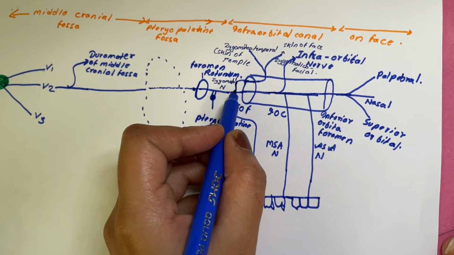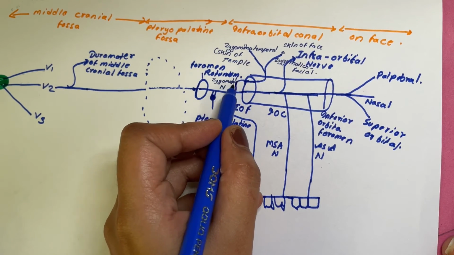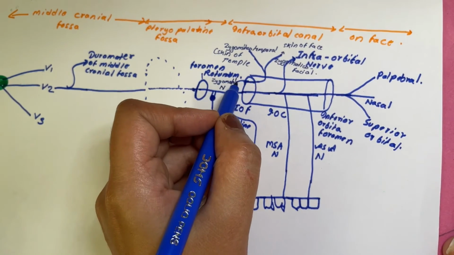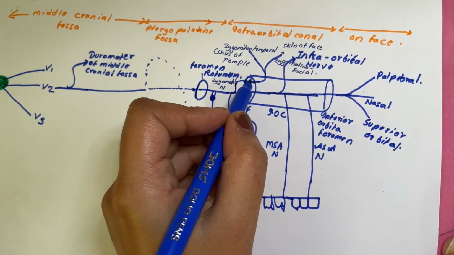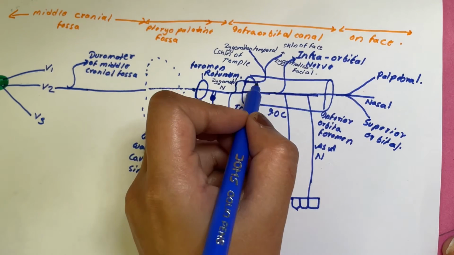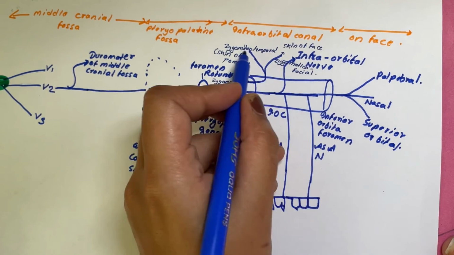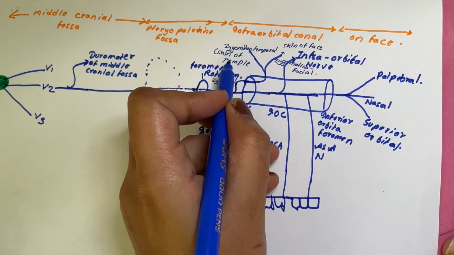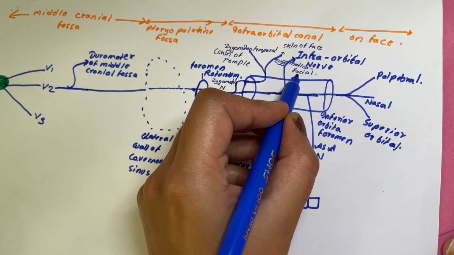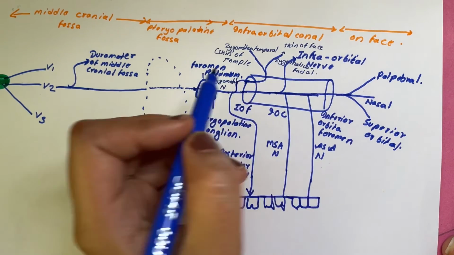And it gives another branch named the zygomatic nerve, which passes through the inferior orbital fissure, and gives two branches, that is zygomatico-temporal and zygomatico-facial. Zygomatico-temporal supplies the skin of the temple, while zygomatico-facial supplies the skin of the face.